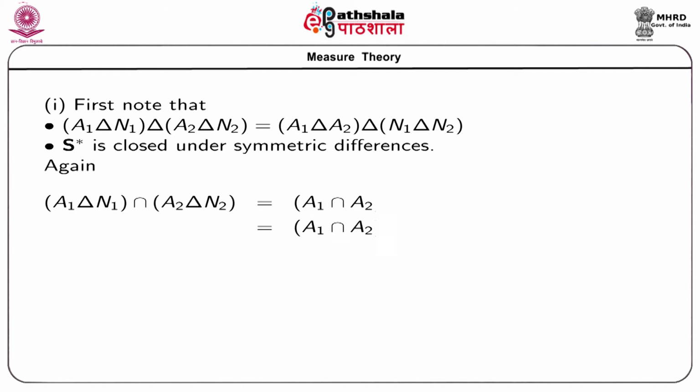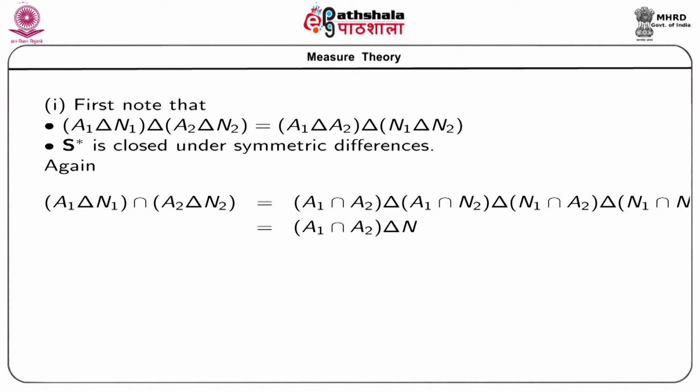Again, if we consider the intersection of two such members, A1 delta N1 intersection A2 delta N2, we can write it as A1 intersection A2 delta A1 intersection N2 delta N1 intersection A2 delta N1 intersection N2.